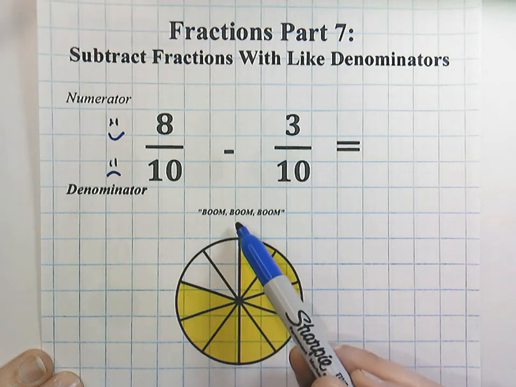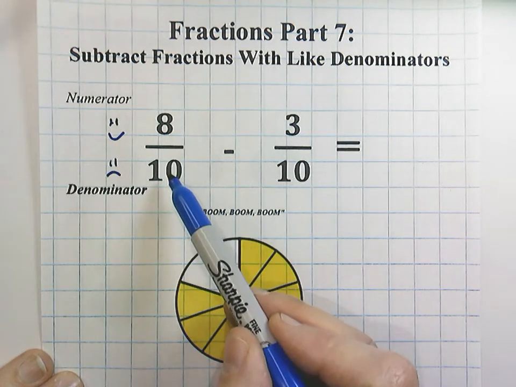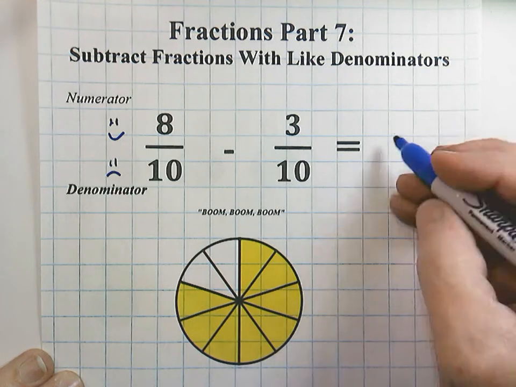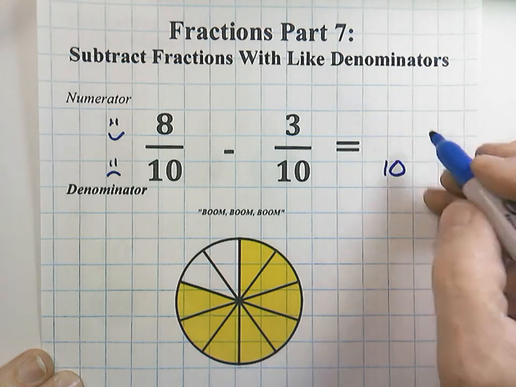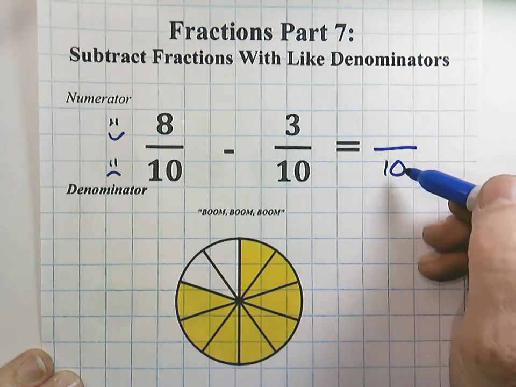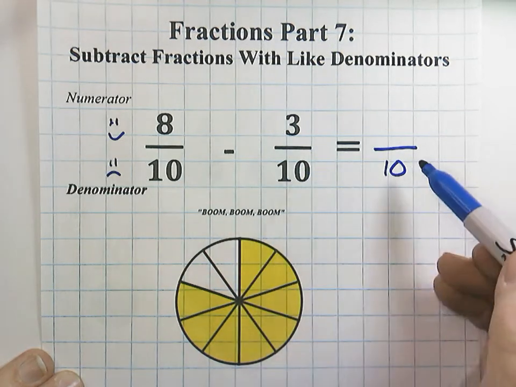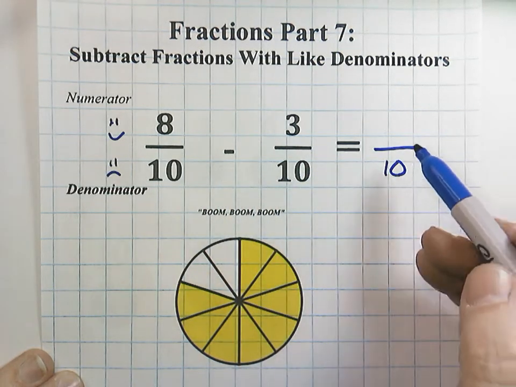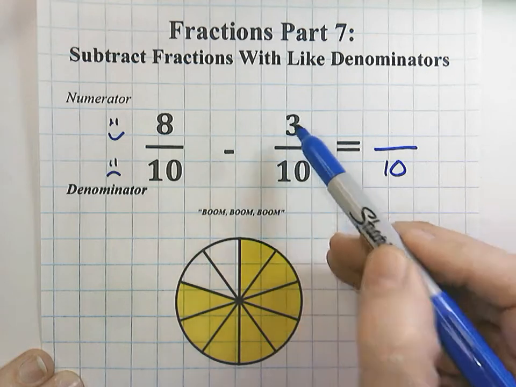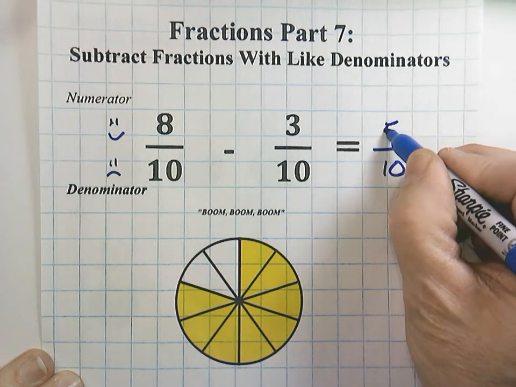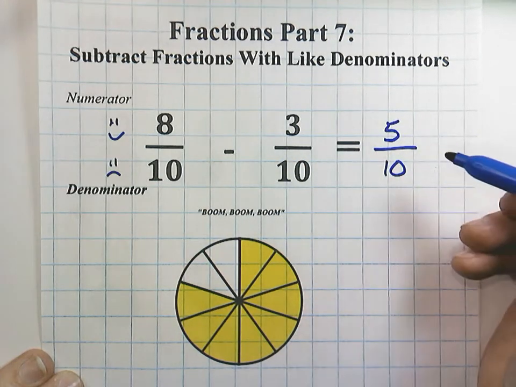I call it boom, boom, boom. In other words, 10, 10, 10. That's a math rule. That has to be the same. And we would say 8 minus 3 would equal 5/10. So our answer would be 5/10.